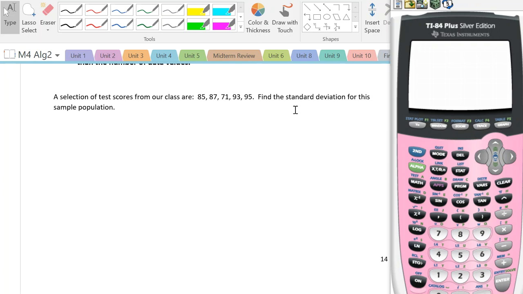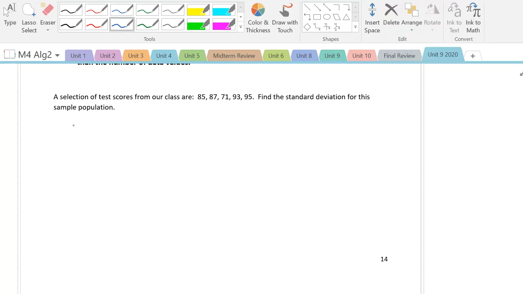So let's see. First things first, we want the average. So 85, 87, 71, 93, and 95. 86.2. So my X bar is 86.2.